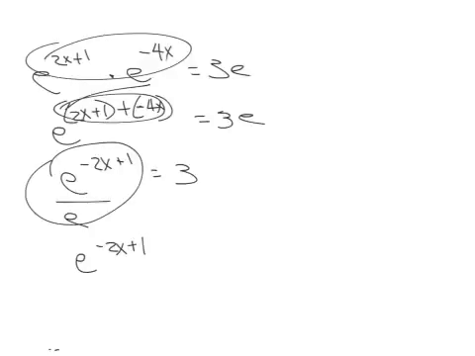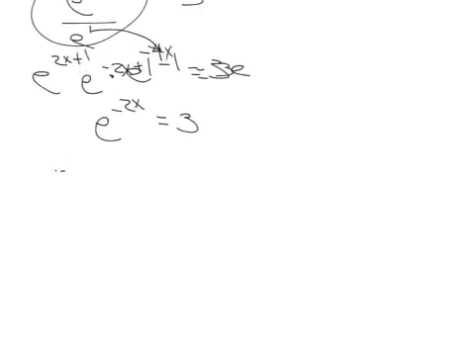And that's a 1, so that would be minus 1. That's this one right there. So that gives me e to the negative 2x. Positive 1 minus 1 is 0, so that gives me that. Okay, so this is where I'm at right now.